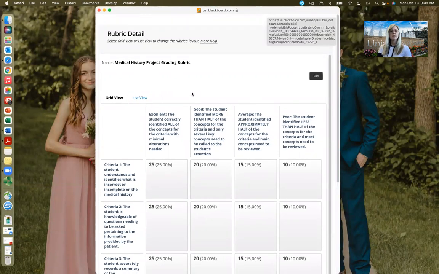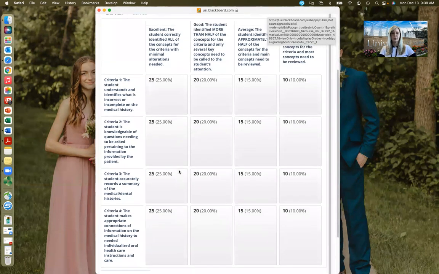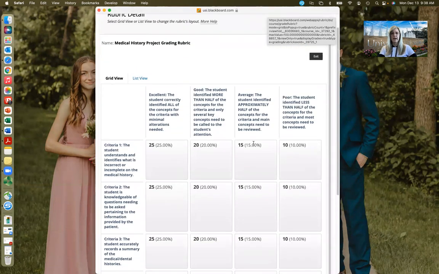And so what you're going to see is that there are 4 criteria on the rubric, and there are 4 categories, okay? So for criteria number 1, if you identified everything correctly under that question number 1 on what you submitted as your answers, then you would get all of the points, okay?